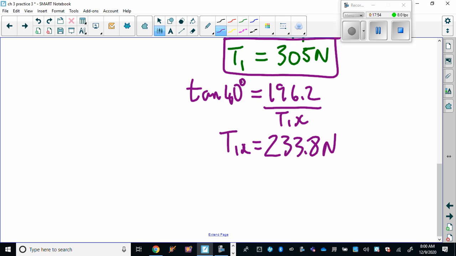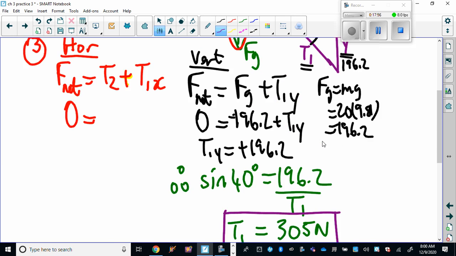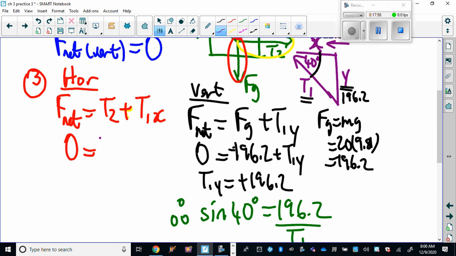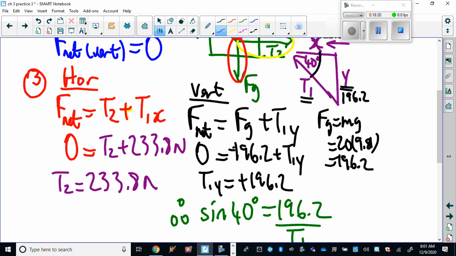233.8 newtons. And now that we know that, we can go back up to here. T2 plus 233.8 newtons, and therefore T2 equals, now, in terms of signs, T2 and T1 are in opposite directions. It doesn't make a difference, really. It should be negative according to my calculation here, but we're just going to say it's 233.8 newtons to the right.